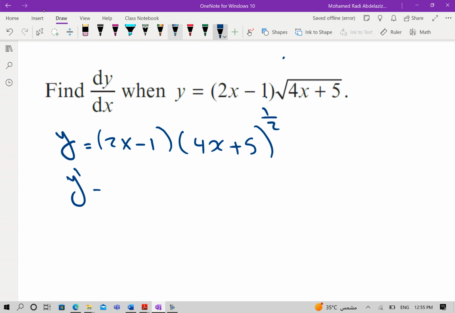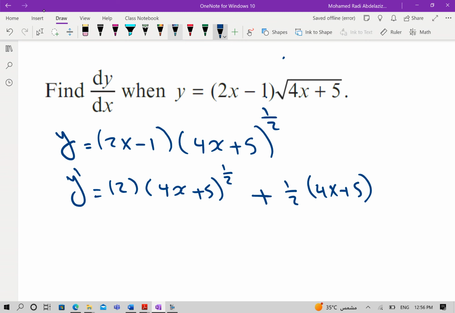Y dash is derivative of first, 2, multiplied by second, (4x plus 5) all to the power of half, plus derivative of second, 4, times half, (4x plus 5) all to the power of negative half, multiplied by (2x minus 1), which will be common factor.